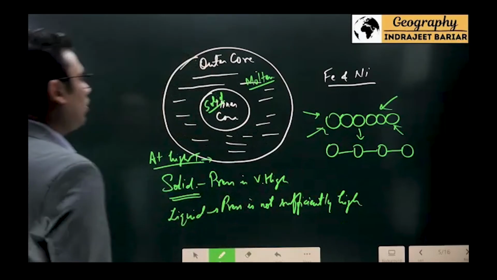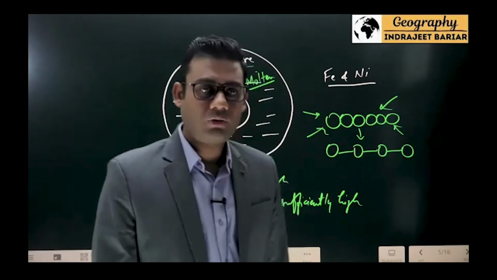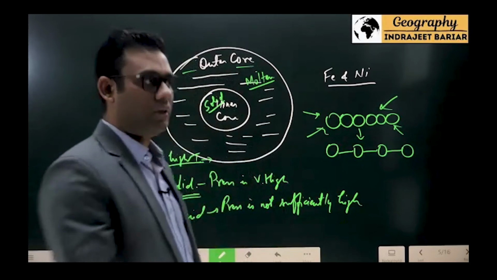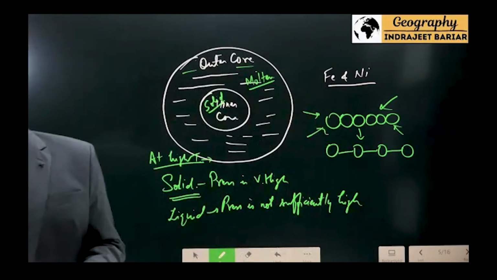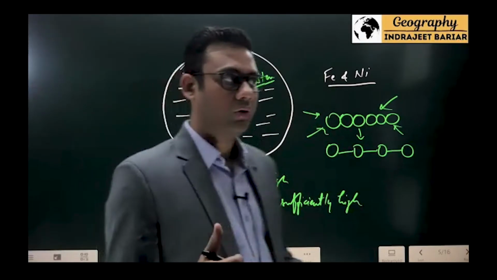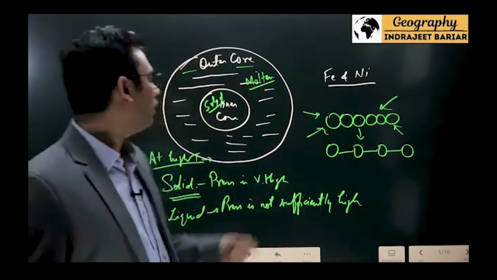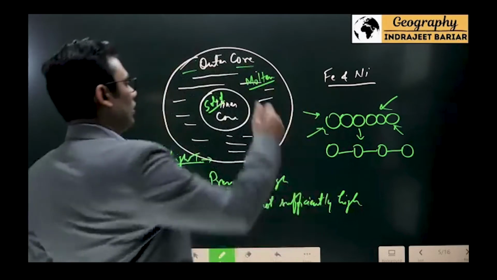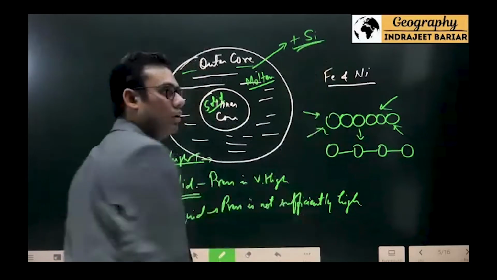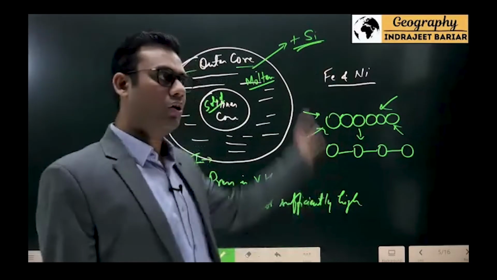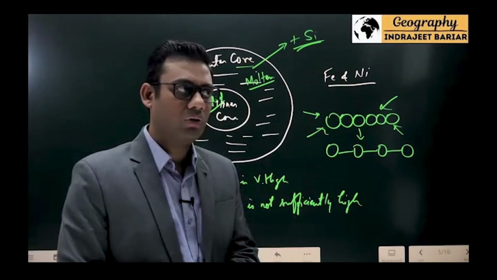ठीक है, so when we say the outer core is in molten form, there are two reasons. What would be the first? Just now you have told: because pressure is not sufficiently high to check the melting. ये first reason है. Second reason है that in the outer core, the iron and nickel is mixed with some silicon. यहाँ silicon भी present है, traces of silicon are present in the outer core.